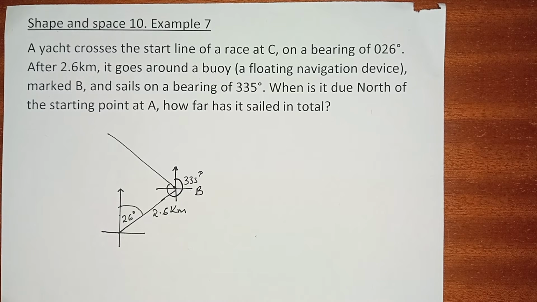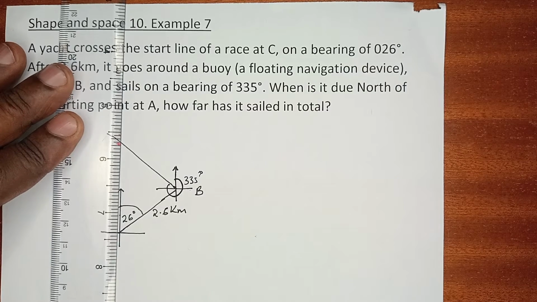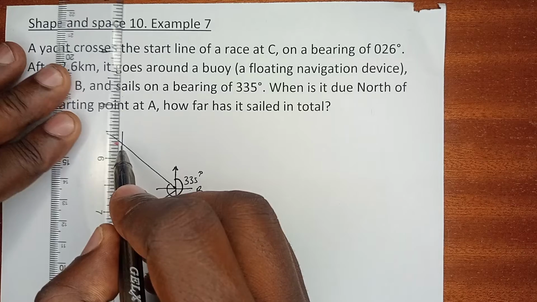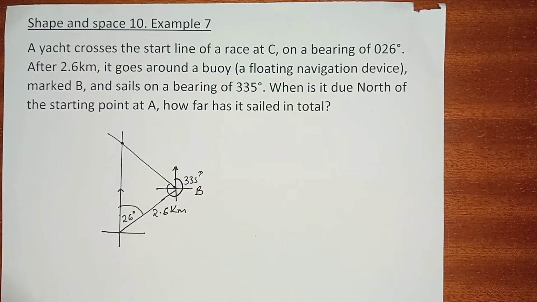When it is due north of the starting point at A, how far has it sailed in total? Meaning that if it started from this point, it is now at this point, directly north of the starting point. How far has it sailed?